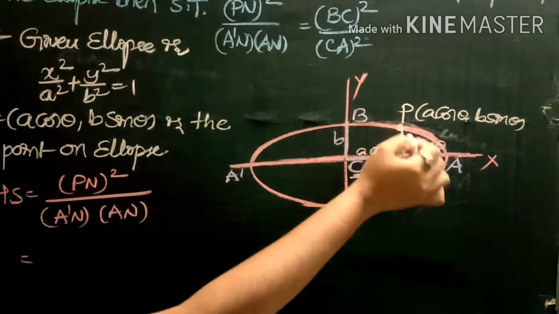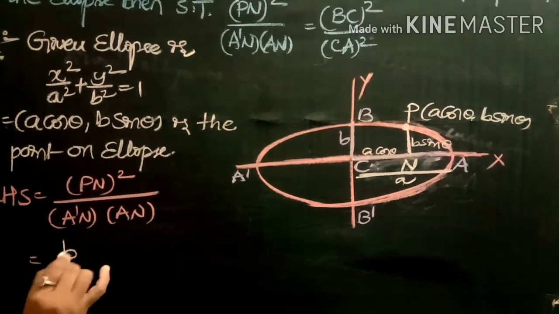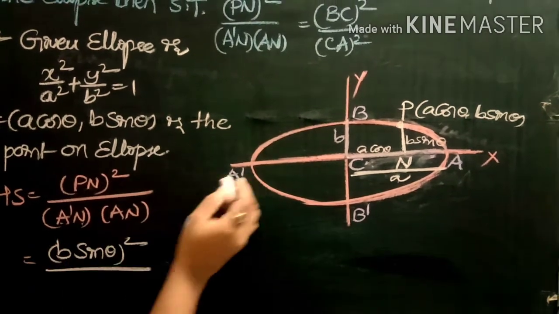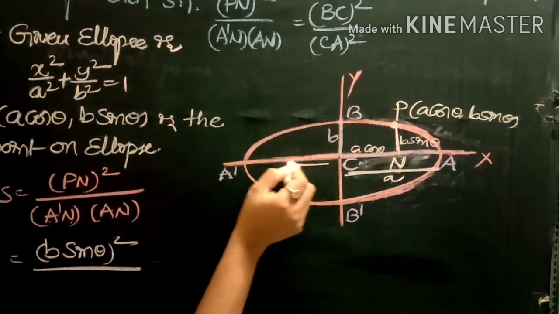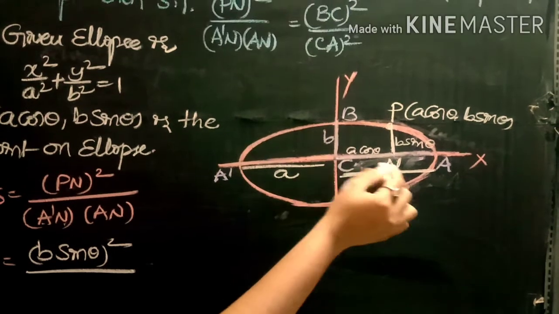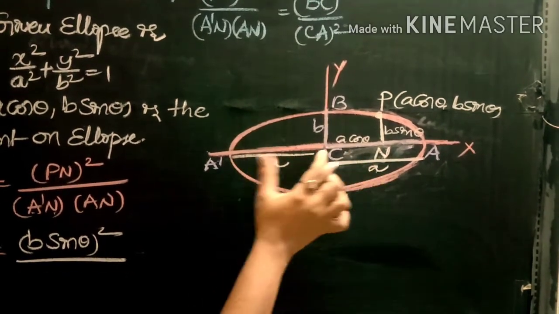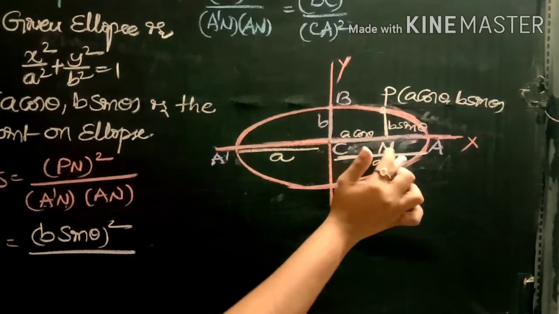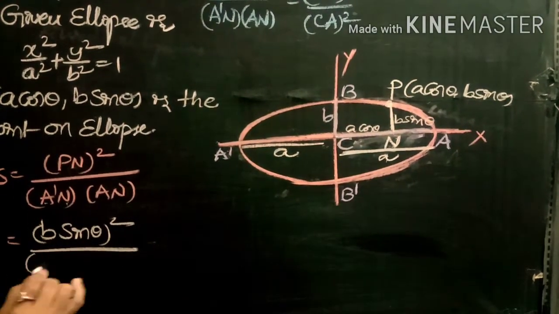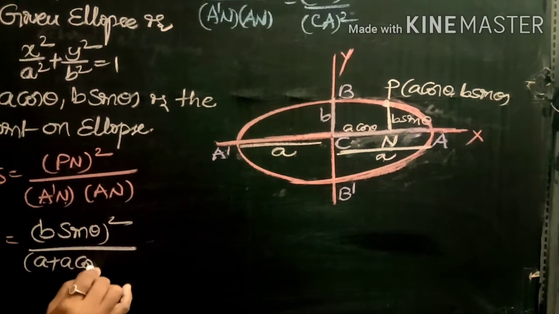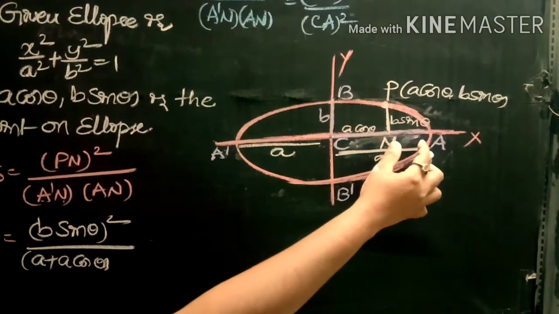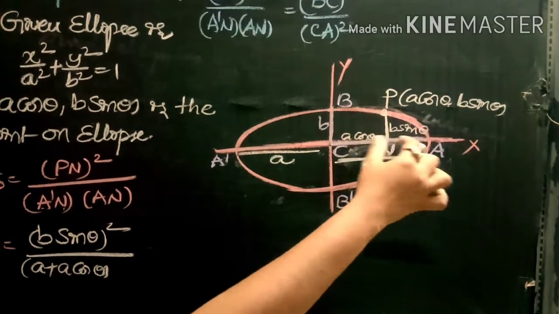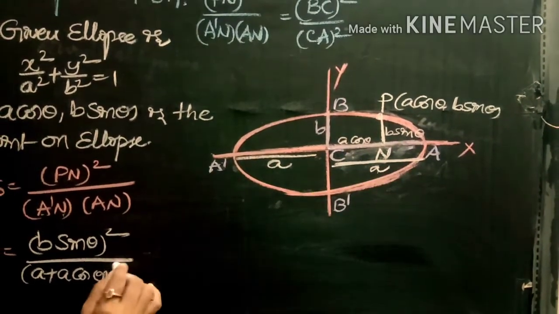Clearly here we have that PN is equal to b sin theta, that is b sin theta whole square by A dash N. A dash N is equal to CN plus CA dash, that is a plus a cos theta. So A dash N is equal to a plus a cos theta, into AN. What is the AN value? AN is nothing but a minus a cos theta, CA minus CN is equal to AN, that is a minus a cos theta.